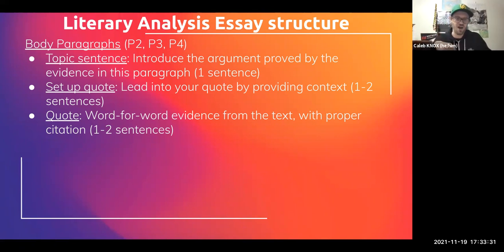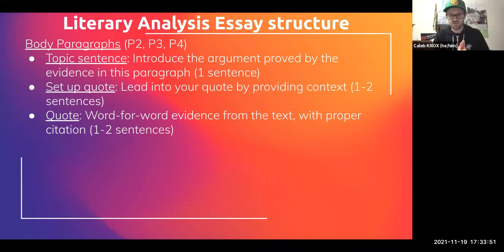In a novel or a short story, it's going to be the author's last name followed by the page number. If it's a poem, it's going to be the author's last name followed by the line number, okay? So it's really important to know when you're doing your MLA citations what type of text you're reading.